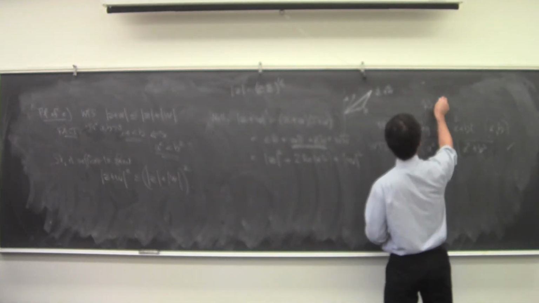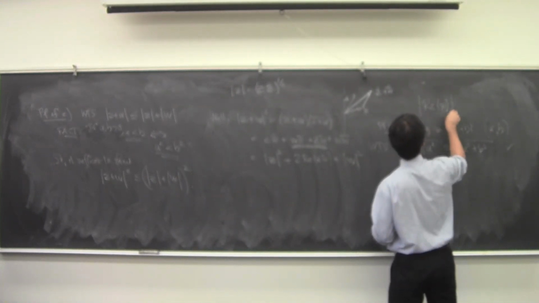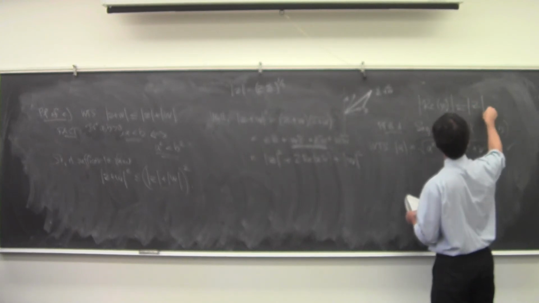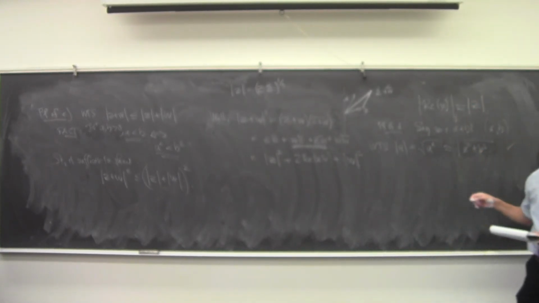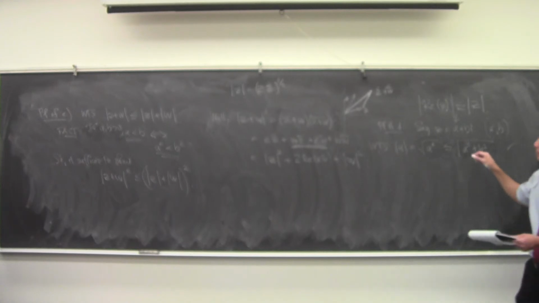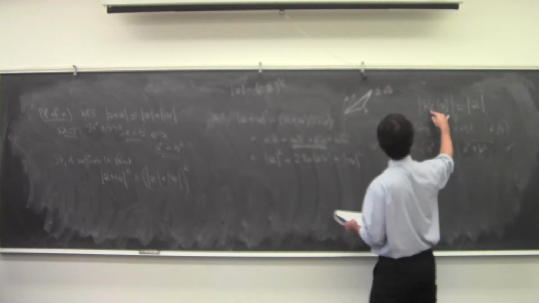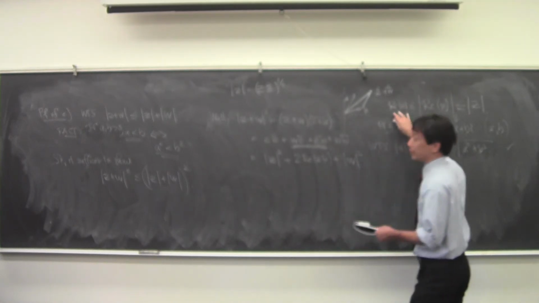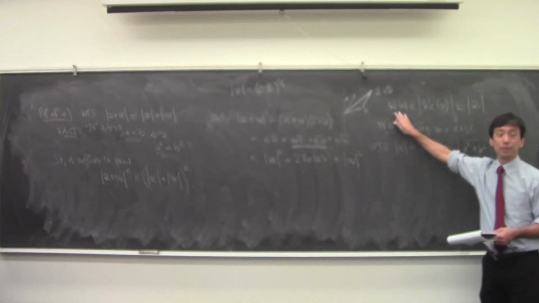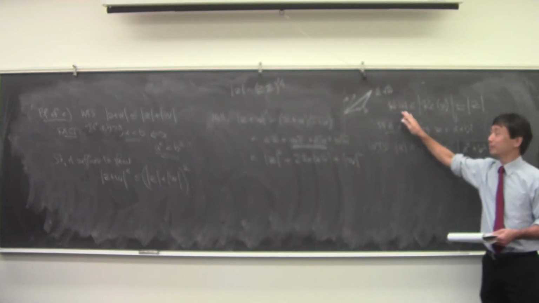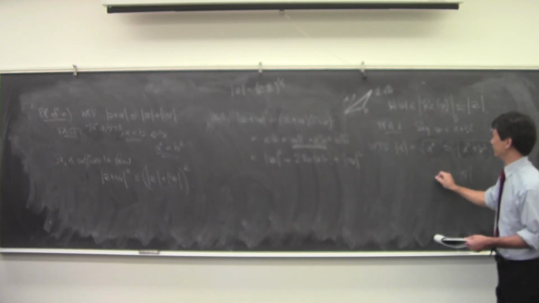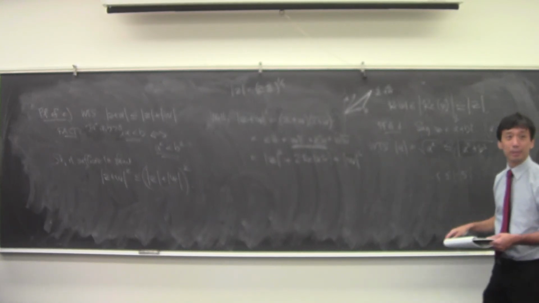We just showed that the absolute value of the real part is less than or equal to the modulus, right? And of course, the absolute value of a real number is bigger than or equal to the number itself. The absolute value of -5 is certainly bigger than or equal to -5, right?